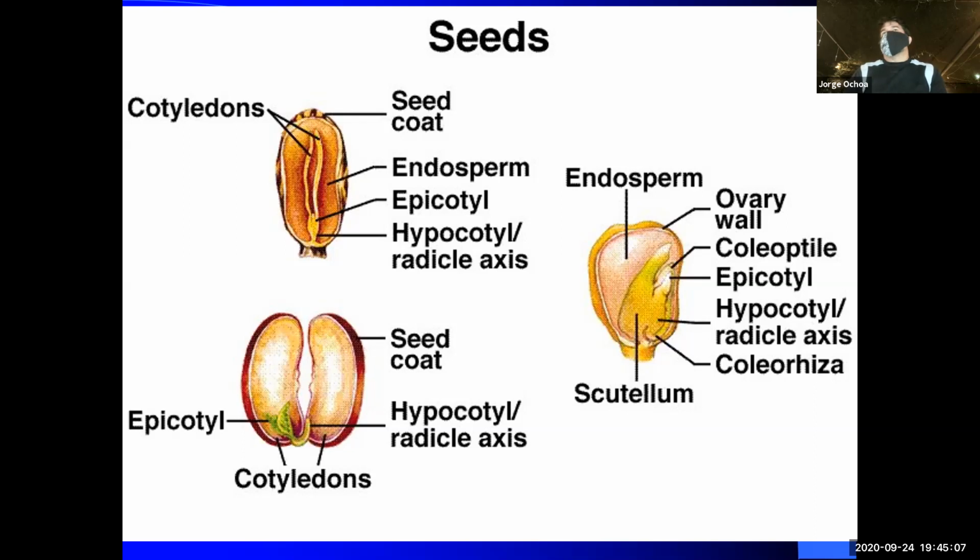You don't have to worry about all of that. Just know that the radicle is going to be known as the seedling root. So that is going to be the first thing that will come out. And those are the other parts. So seed coat, endosperm, and embryo are going to be the three most important parts of the seeds, or the ones that you should know.